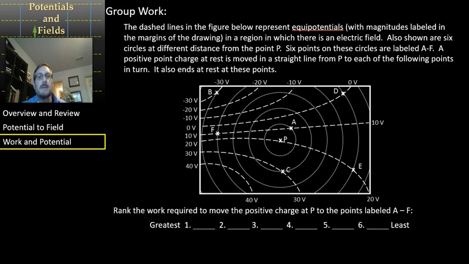So what is the work required to do something? Well, basically, if I have to add energy to it, I'm the external factor, then the work required is increasing the energy. This is a positive charge, which means an increase in the energy is going to come with an increase in the potential. So if I go from 20 to 30, that's going to be an increase in the potential.